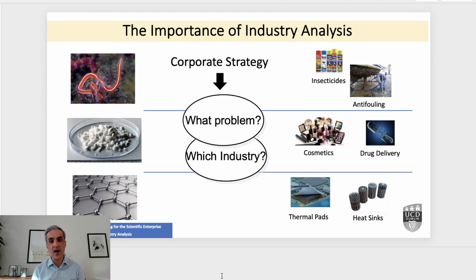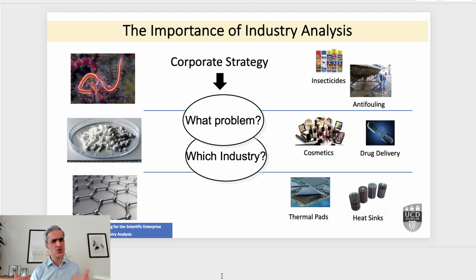There is anti-fouling. Boats underneath create this layer of different animals that get attached to them, and it's very difficult to clean. So apparently using this toxin would allow boats to not accumulate this around the boat. So you have two completely different industries.